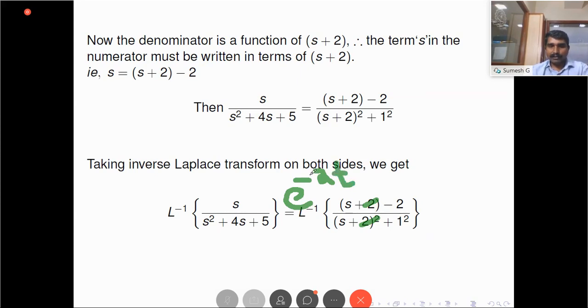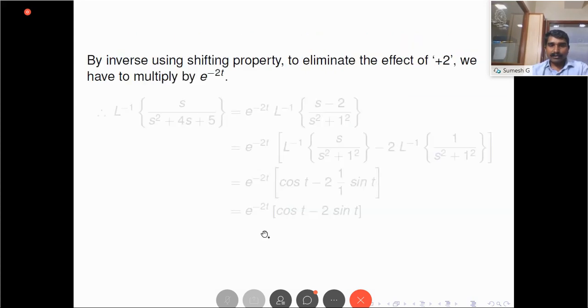By multiplying by e raised to minus 2t, this plus 2 cancels. It becomes e raised to minus 2t into inverse of s minus 2 followed by s square plus 1 square.